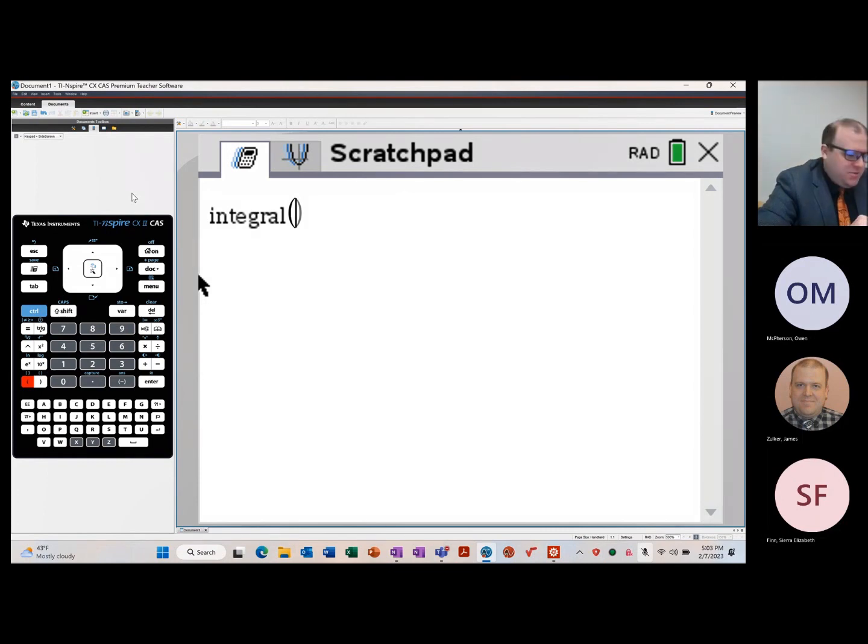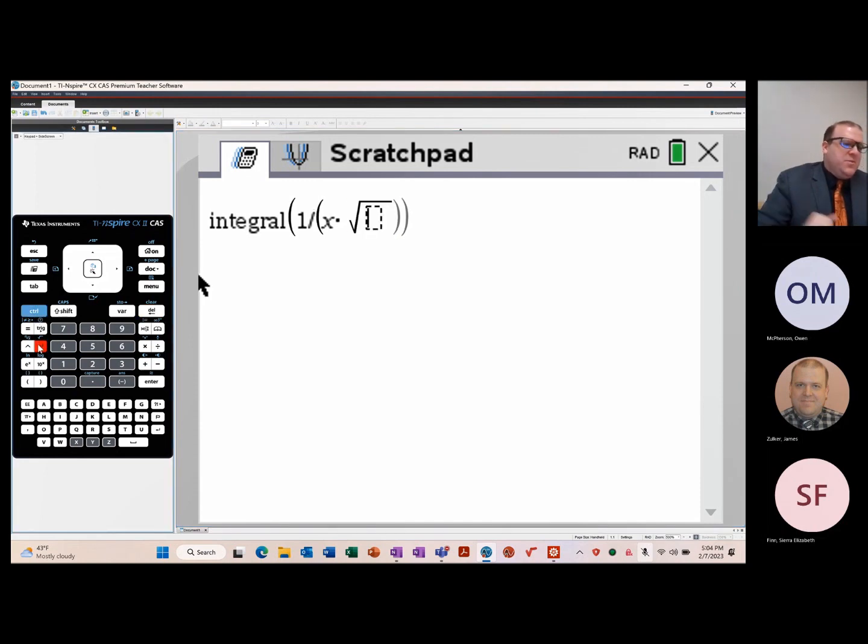Our function was 1 divided by x times square root, and be careful with parentheses. Again, two options: type in SQRT, or you can actually just use the square root symbol. It doesn't matter, it gives you the same thing.